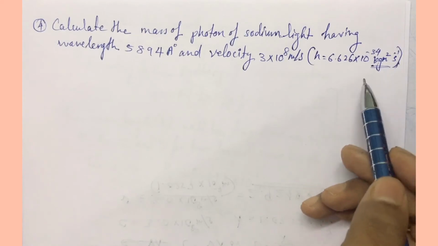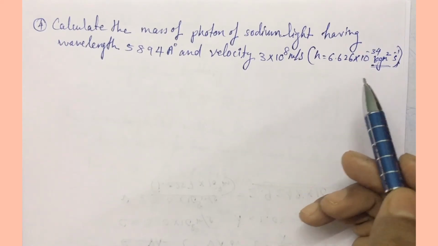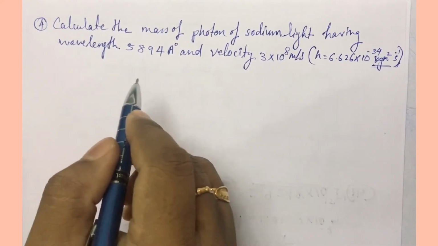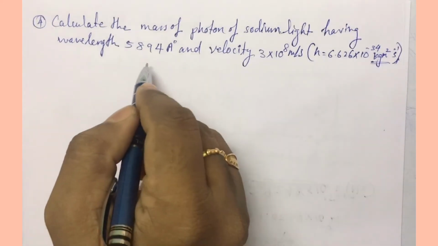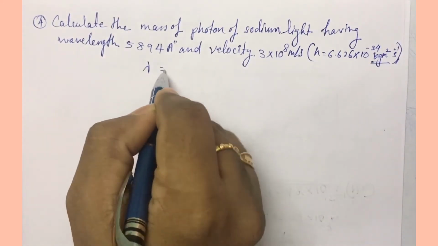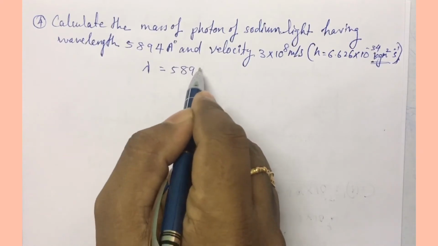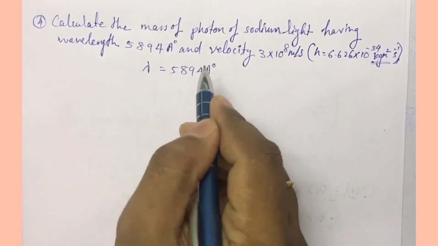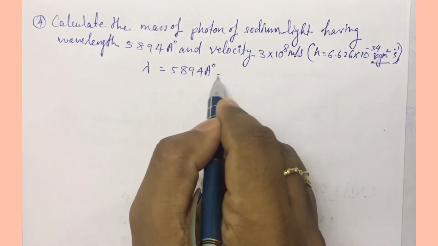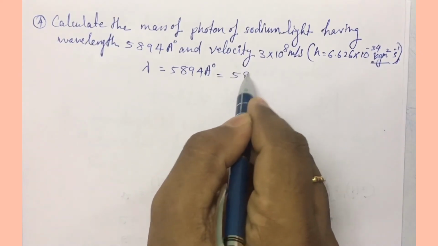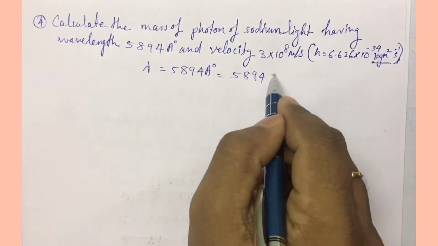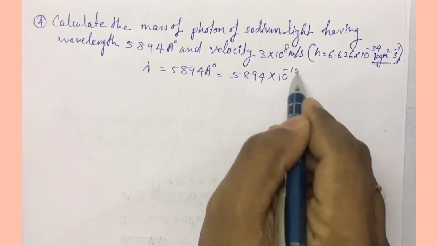So according to the question, lambda is given. Lambda is 5894 angstrom. Let us convert this into meter. That will be 5894 into 10 raised to minus 10 meter.